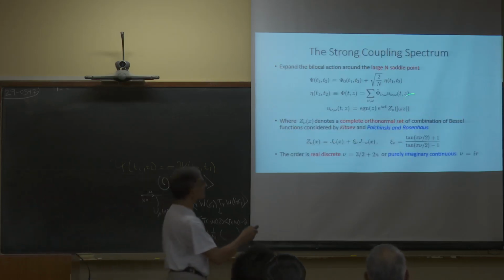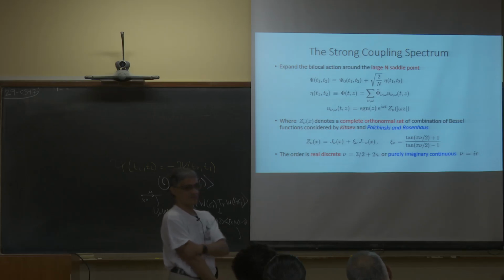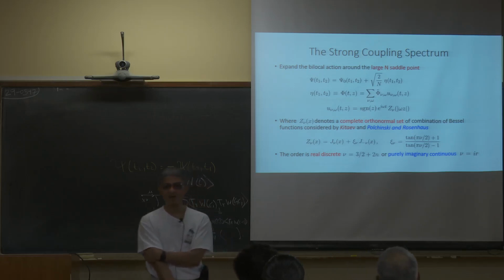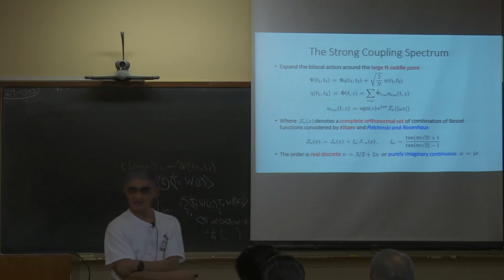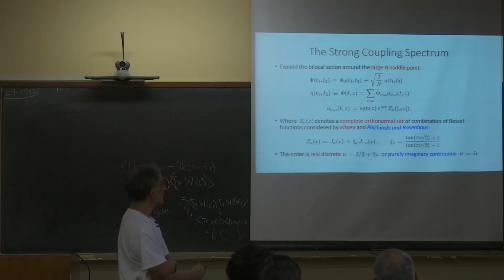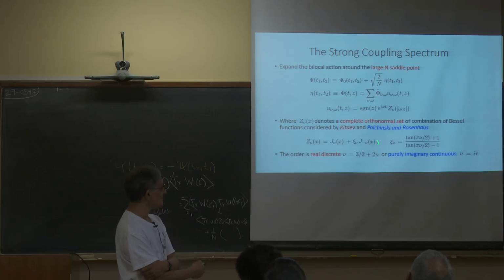And this function is a combination of Bessel functions which was obtained by Kitaev and by Polchinski and Rosenhaus. This combination has the property that, first of all, it forms a complete orthonormal set of the Bessel functions. They are normalizable, and they vanish at z equal to 0. You might wonder how come it vanishes, because there is J minus nu.